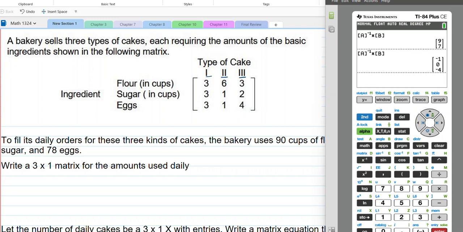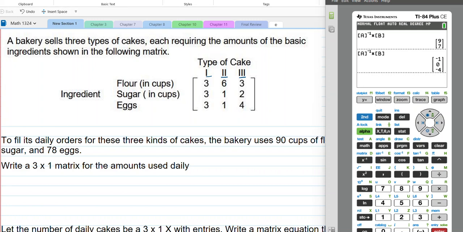Notice that the types are in the column area because we're getting ready to get into that information later on, where you're not led by the hand. Requiring amounts of ingredients, flour, sugar, and eggs, in a matrix.